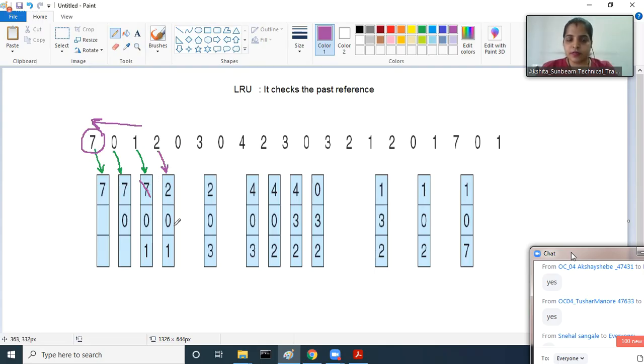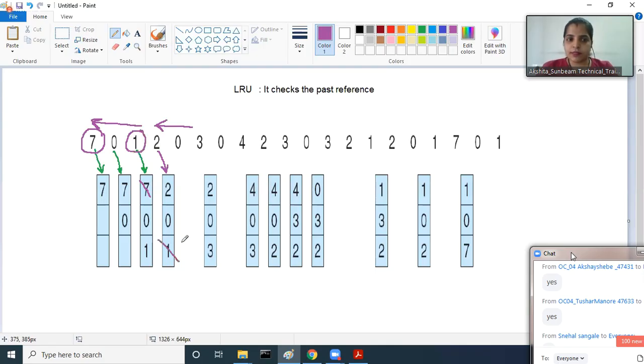Next, 0 is already present. Now which came next? The next page that has arrived is 3. Observe. Currently my scenario is 2, 0, 1. If I look into the past, 2 is here, 0 is here, 1 is least recently used.